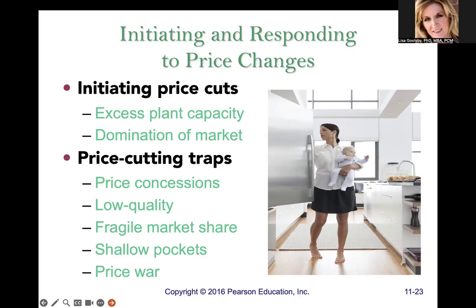Price cuts happen, and sometimes can make consumers feel like they're getting a low quality product. Sometimes they'll wonder what's going on. It's particularly impactful if you have price conscious customers that are really watching pricing, but you need to be really careful about how you raise and lower your prices.